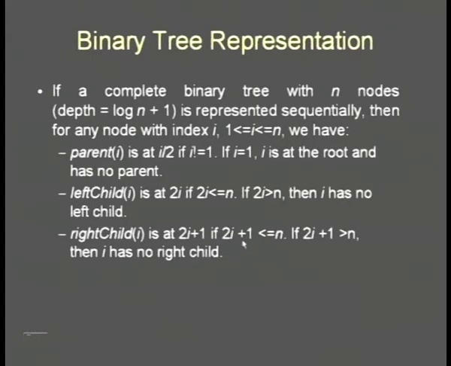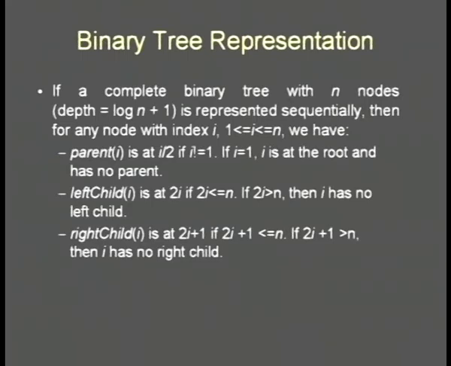In both cases you will have to check whether 2I and 2I plus 1 are less than or equal to n, otherwise it has no child. So just by giving indexes and calculating mathematically, the parent of I is I by 2, the left child is 2I, and the right child is 2I plus 1.